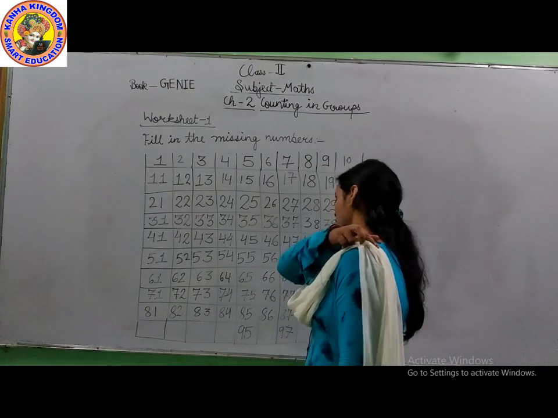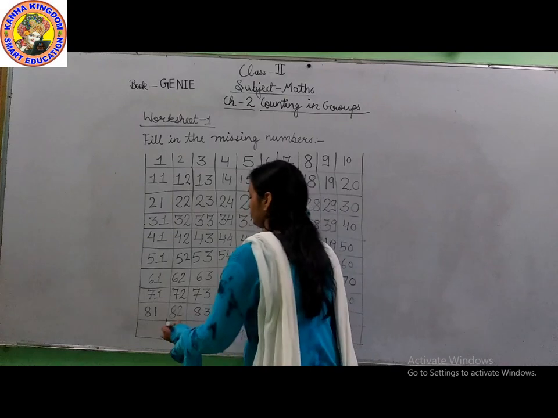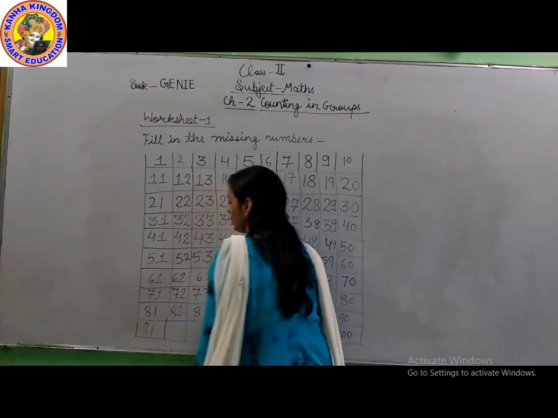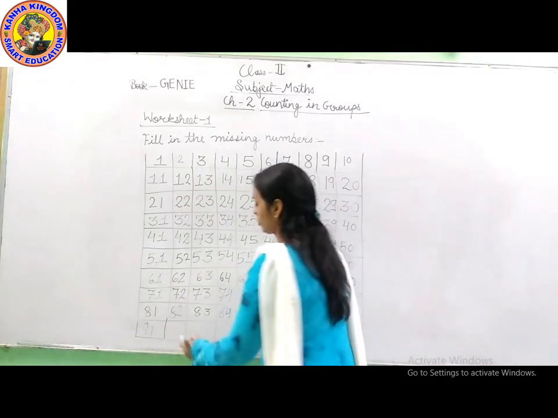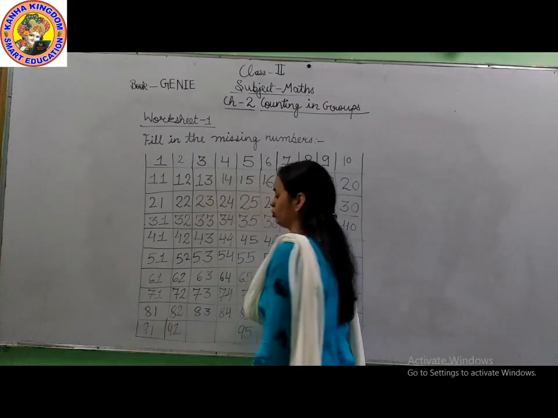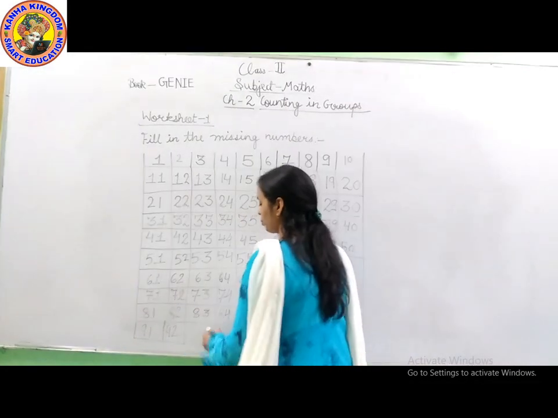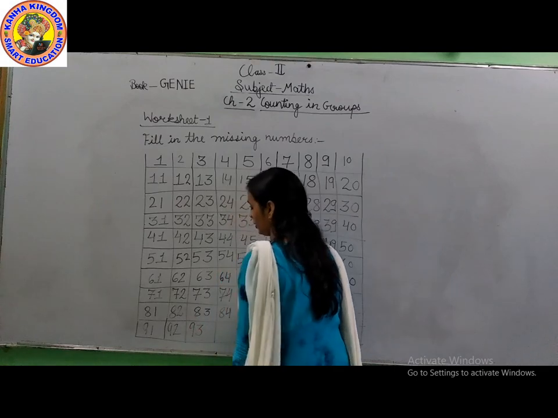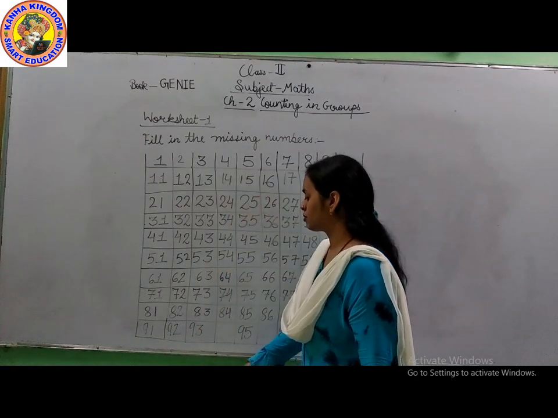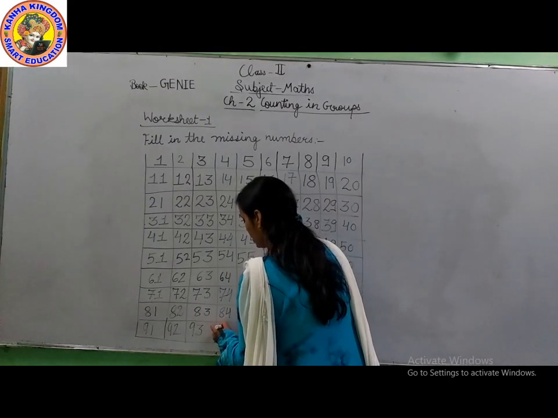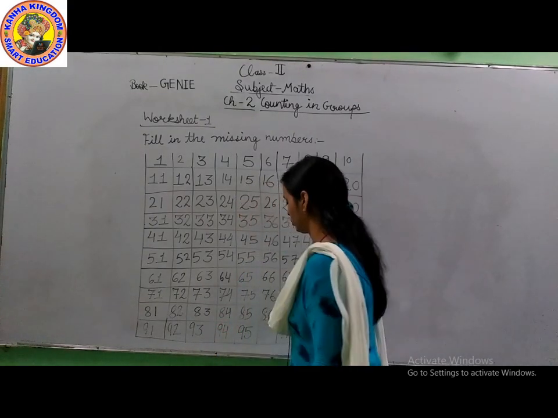Now, what comes after 90? 91, then 92. 92 after number is 93. Now, what comes between 93 and 95? 94.